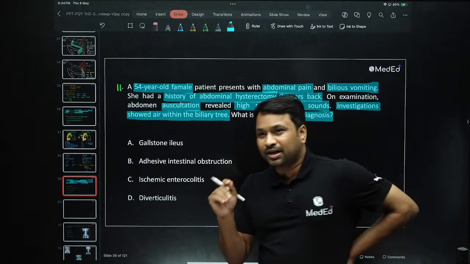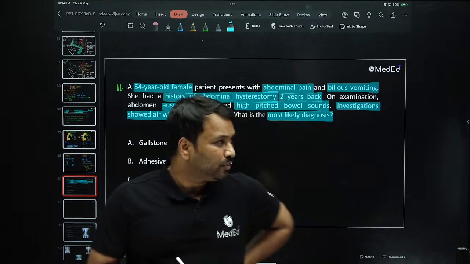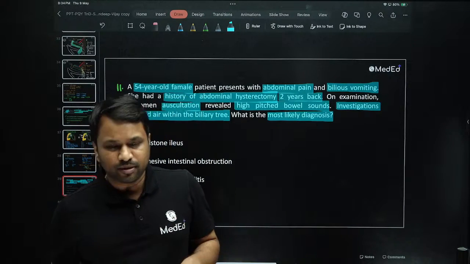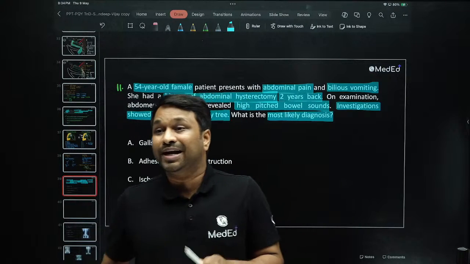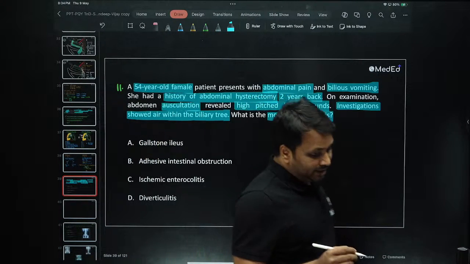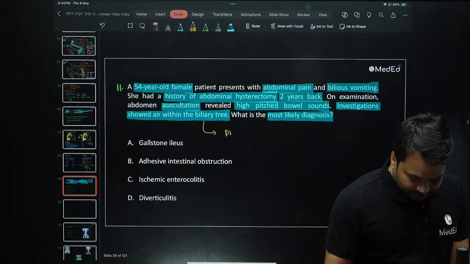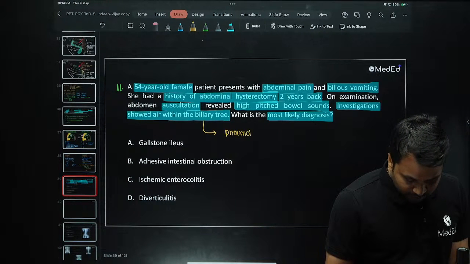So if I don't consider air in the biliary tree, I was thinking more or less in the form of small bowel obstruction due to adhesions. But air in the biliary tree, this is your pickup point. This tells you the patient is having pneumobilia.